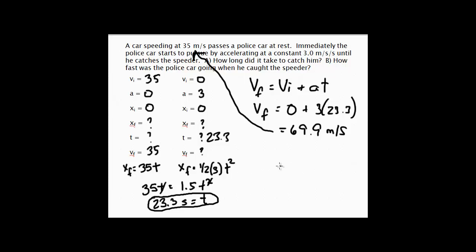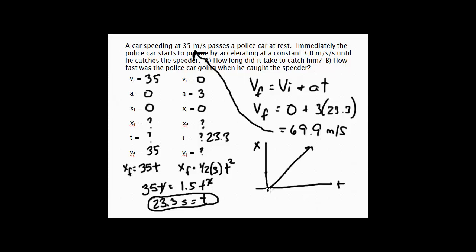There's also another way to do it. You could do it graphically. So I'll just show you this here real quick. Let's suppose we have a position time graph, and for the speeder, he would start at 0, and he would travel at a speed with a slope of 35.